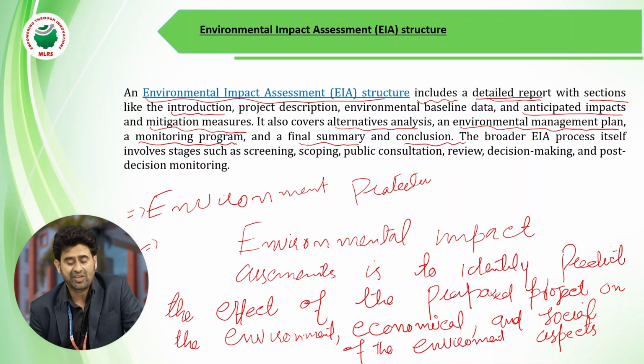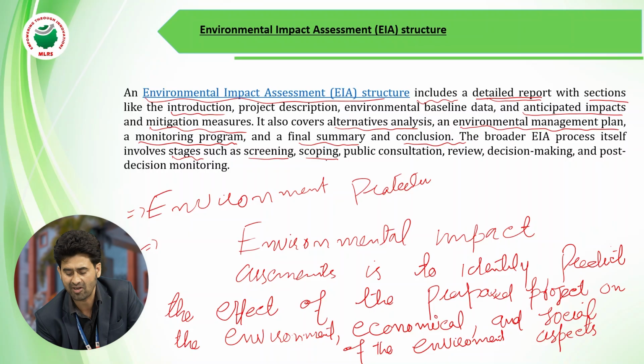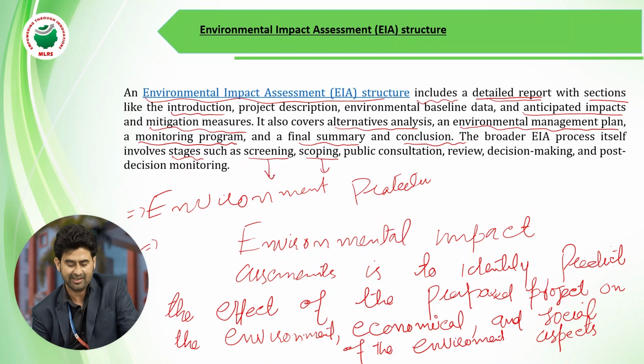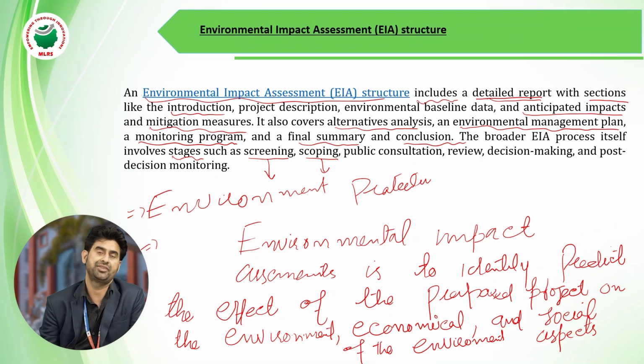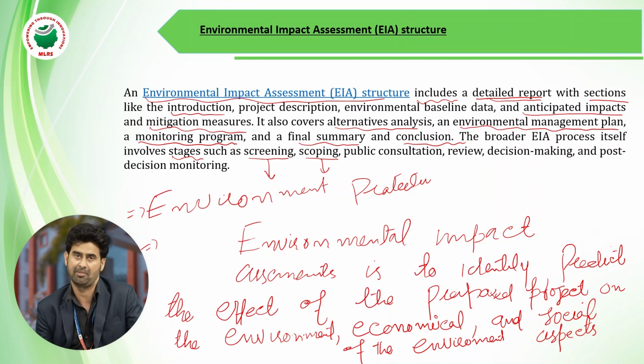In the broader sense, we can say environmental impact assessment itself involves stages such as screening, scoping. What is the scope? We should have proper screening. We should consult the public. We should make people aware about the impact of the project on the environment, and we should interact with the public, with the people.